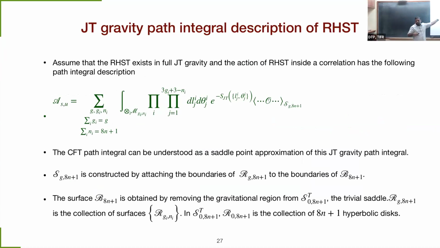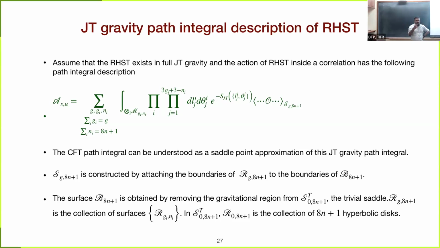You cannot write down an arbitrary path integral and claim that it describes half-Fourier translation. I haven't listed those criteria because I haven't studied whether the half-Fourier translation exists within the full JT gravity or not. But I'm going to assume that when I take a saddle point approximation, I can explicitly tell what criteria it has to satisfy, because for a fixed background we know what the half-Fourier translation is.